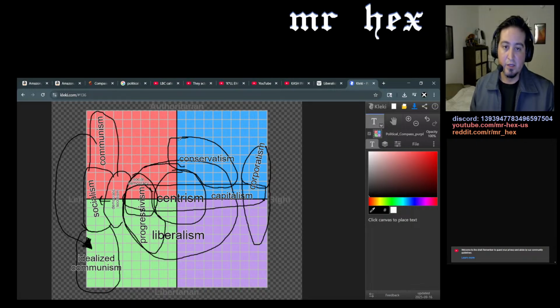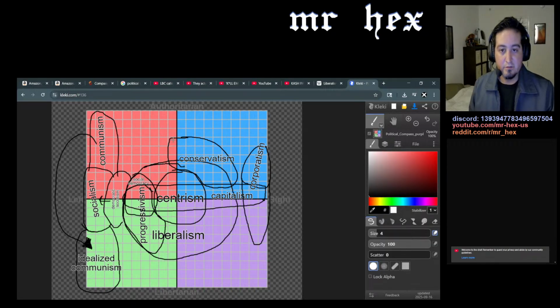There are some conservatives that do fall a little bit more left of center, but they don't go very far. But there are a lot of conservatives that do fall on the anarcho-capitalist, laissez-faire, free market capitalism side. So conservatism spans this area here.